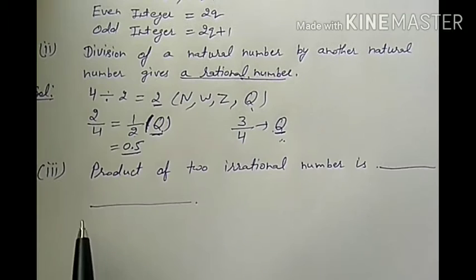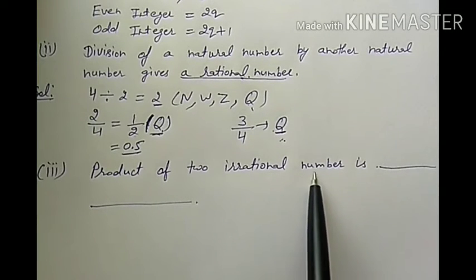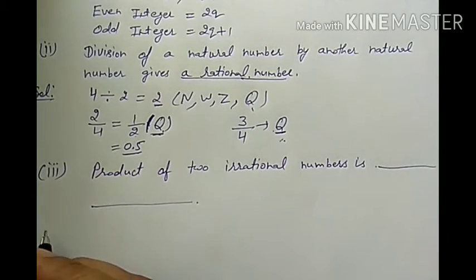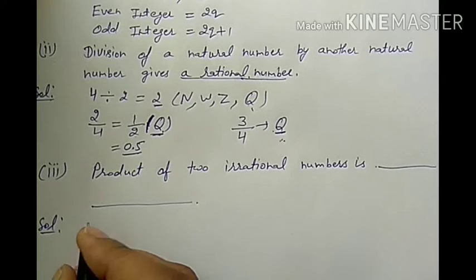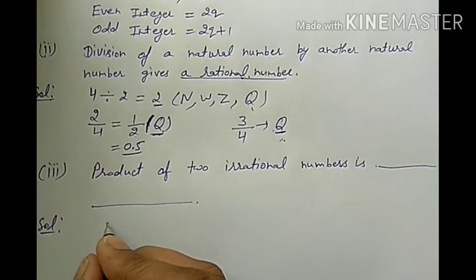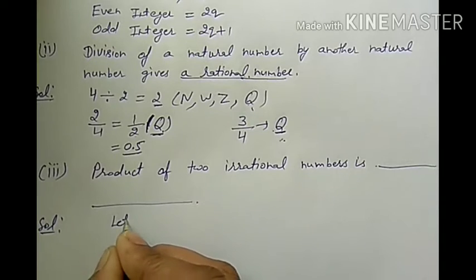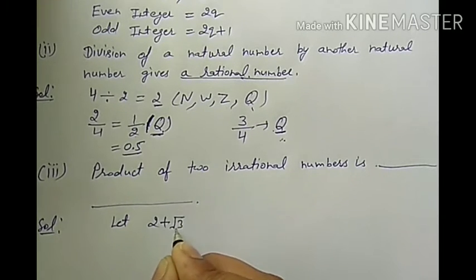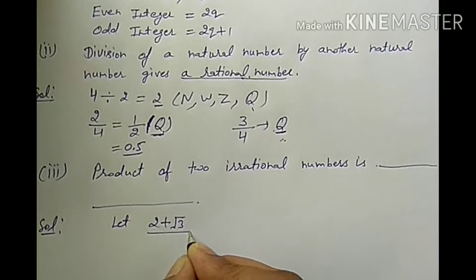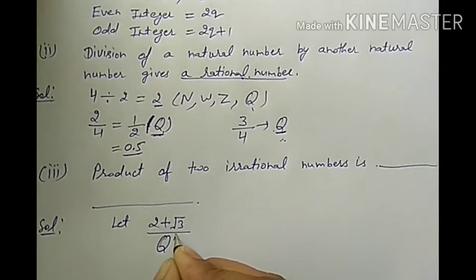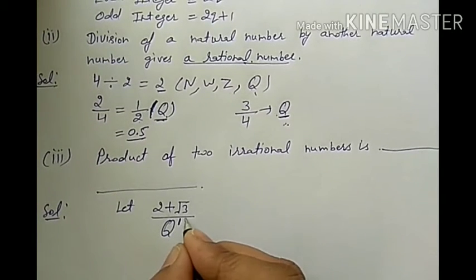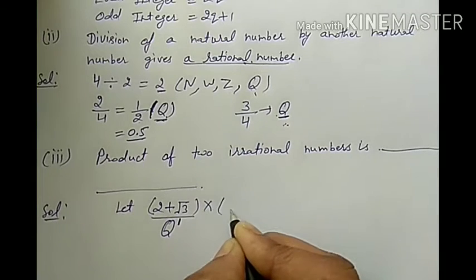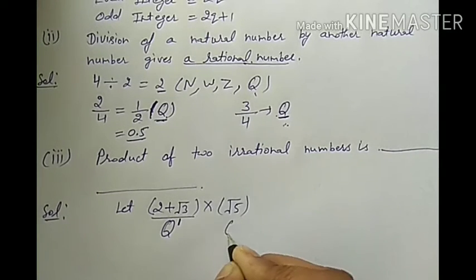Third part is: product of two irrational numbers is dash. So for that, let's take an example. Let 2 plus under root 3 be an irrational number, and we represent an irrational number by Q dash, and we take another irrational number that is also irrational.